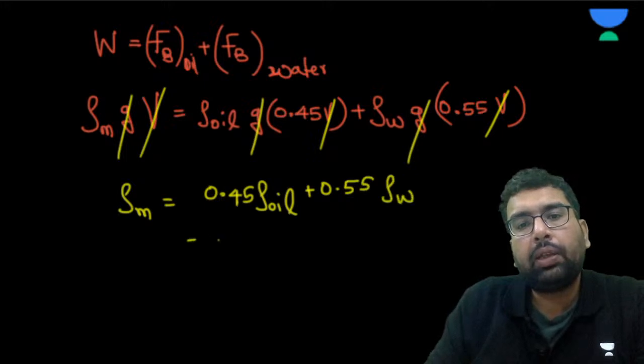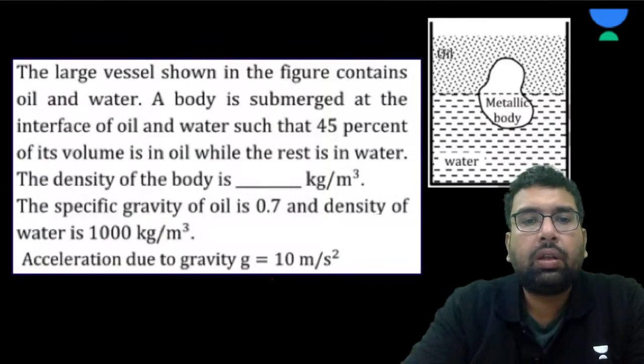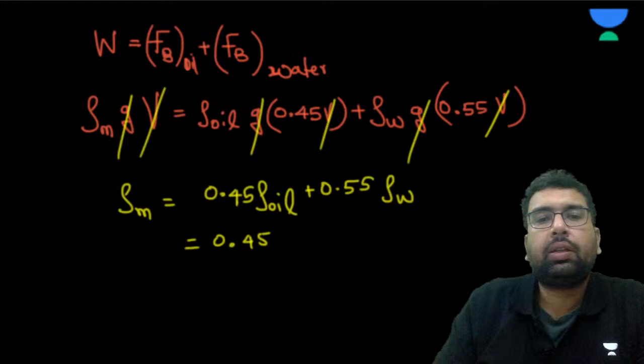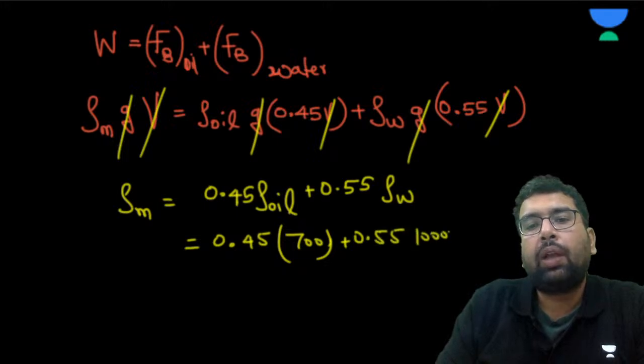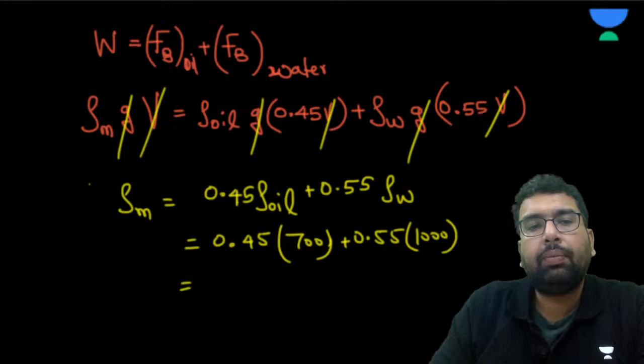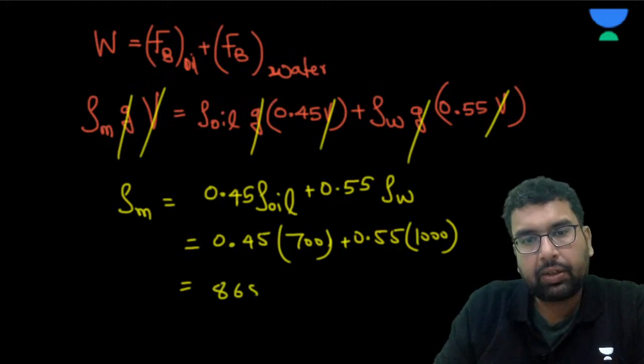The specific gravity of oil given in the question is 0.7, so it is 0.45 of 700, and for water, 0.55 of 1000. When you calculate it, this becomes 865 kg per meter cube.